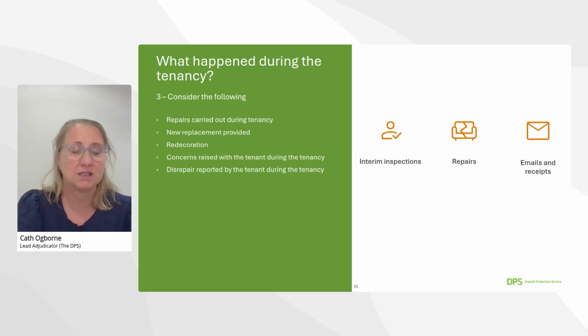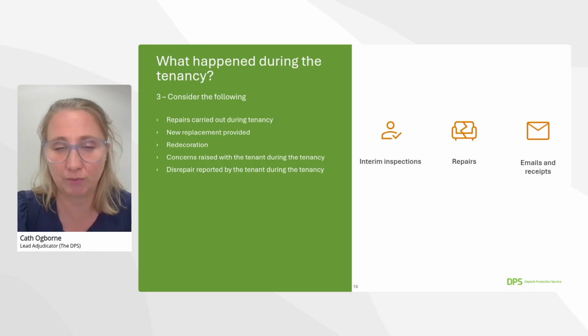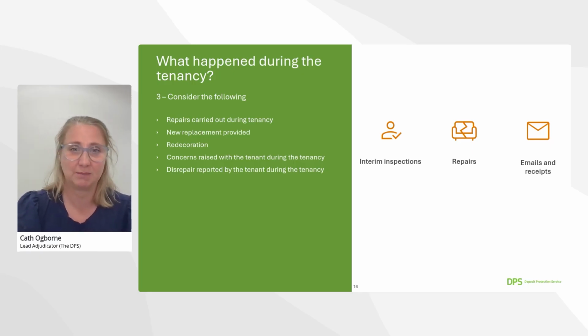Maybe the tenant raised some concerns about something. Maybe something wasn't working very well. A good example of a case that I can remember is the tenant had reported issues with dining chairs at the start of the tenancy. Said that the spindles kept working loose, and these chairs kept falling apart, and he constantly had to keep repairing them, and could they be replaced? At the end of the tenancy, the landlord put a claim in for damage to dining room chairs.